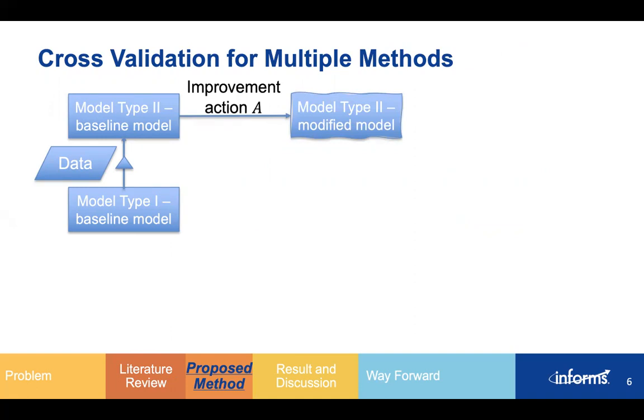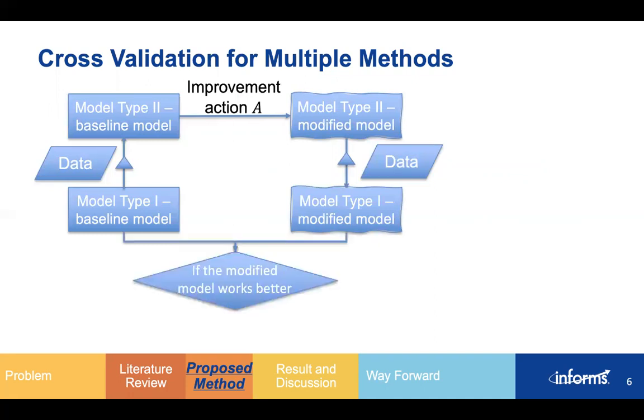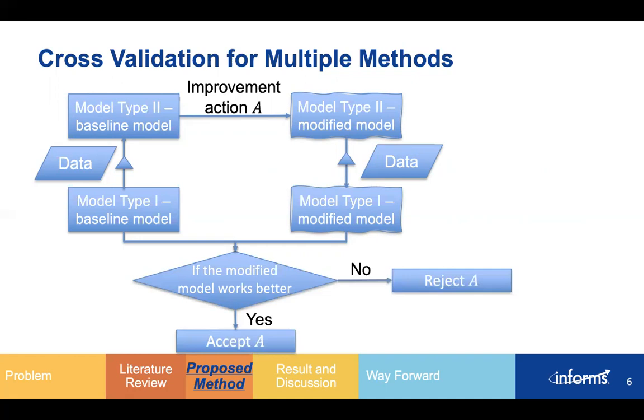We name it improvement action A. By taking action A, we modify the model type 2 and get the result, based on which we modify model type 1. And then we compare the baseline type 1 model and the modified type 1 model. If the modified model works better, we accept the action A. If not, we reject it.